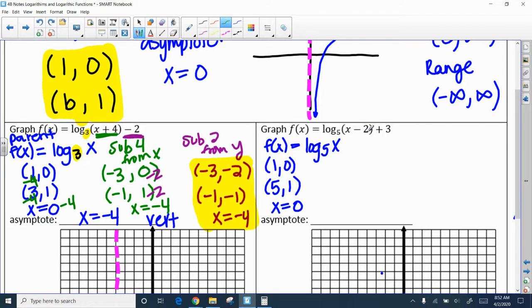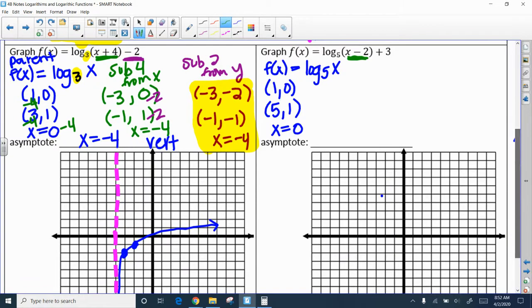So our first transformation we do is what's with the x. This now has a -2 with the x, so that's going to shift to the right 2. So that means we need to add 2 to the x. I'm going to add 2 to the x values, including the asymptote, because the asymptote is x equals 0.